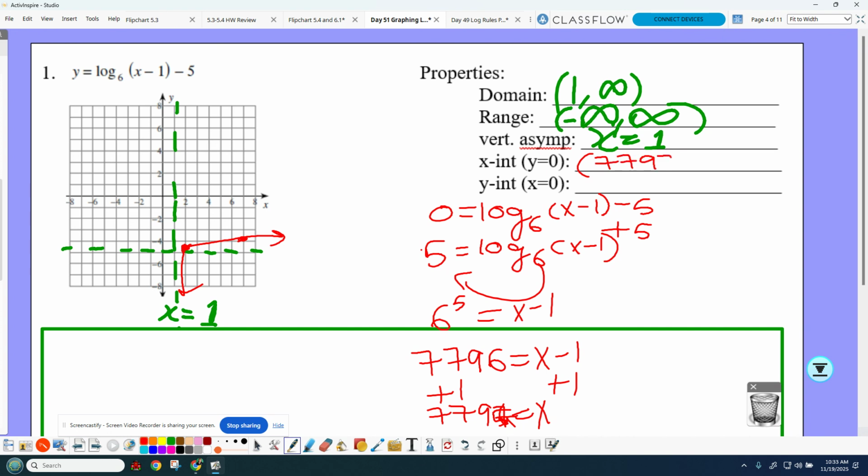So just to go up 5 units in y, we had to go all the way out to 7,797. So Friday, for your quiz, if you need to find an x-intercept and it's something gross like that, I am not expecting you to evaluate it. Just write that huge honkin' number plus 1, 0.